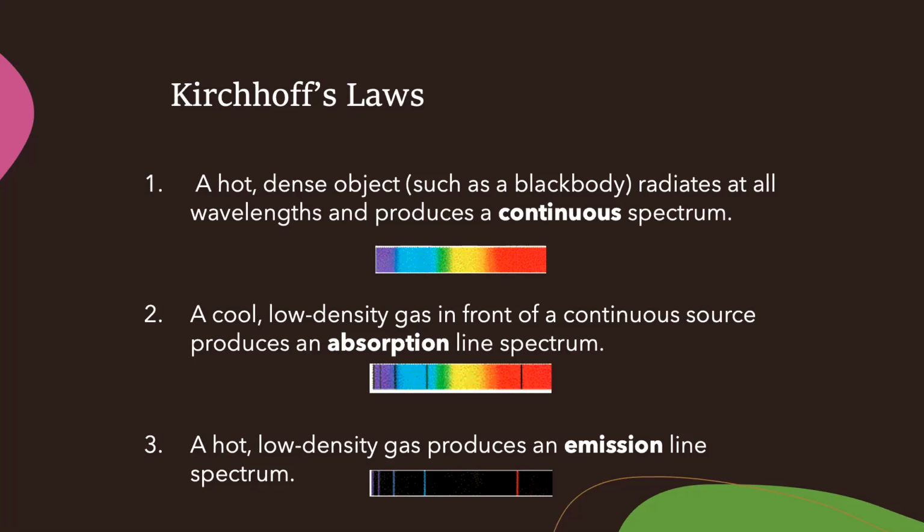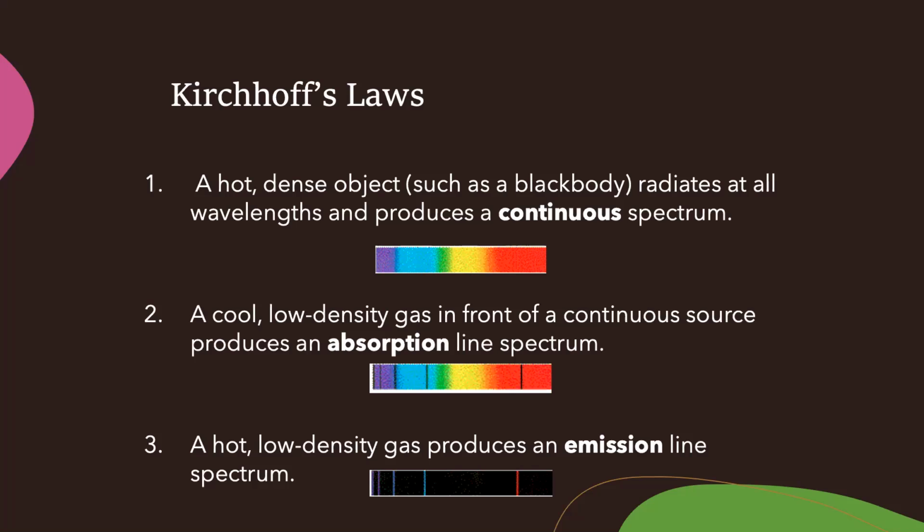Then, if you were to take a hot bulb and you had that same slit where light could pass through, go into a prism onto a screen, but before the light reaches the slit, it has to first pass through this gas. Well, what's going to happen is the gas ends up absorbing some of the light. Very specific wavelengths of light get absorbed.